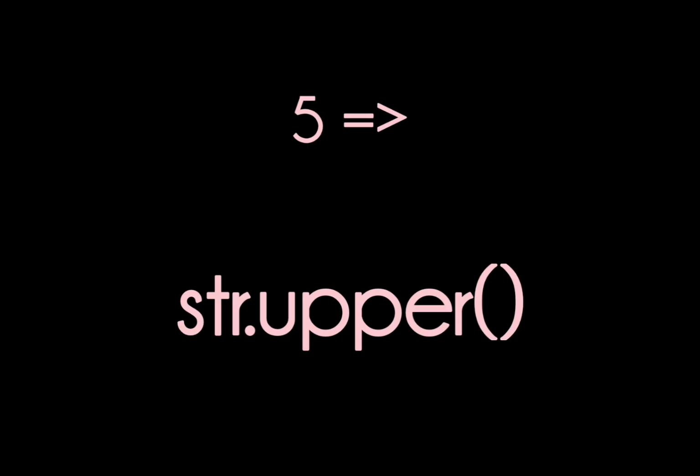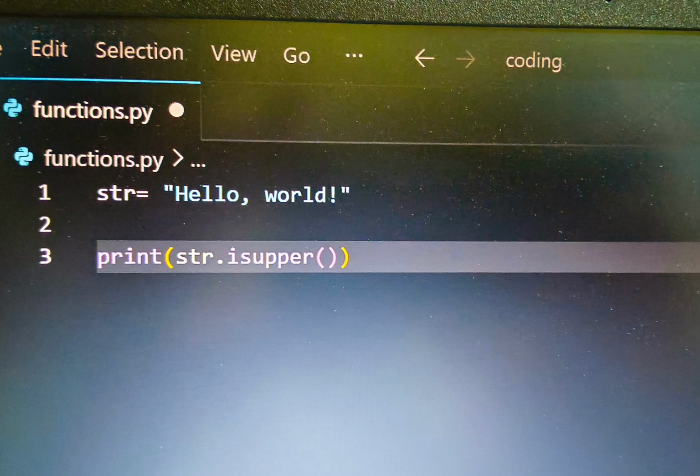Next function is upper. This function is used to make each and every letter of the string a capital letter. So first we will check whether our string is in uppercase or not. We can use the isupper function. The isupper function is used to check whether our string is in uppercase or not.